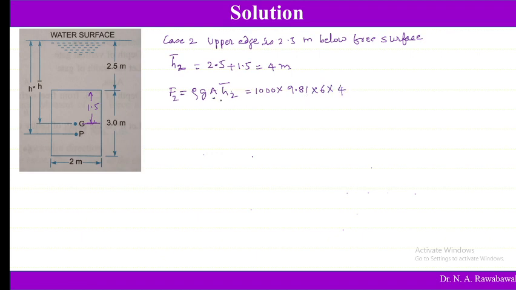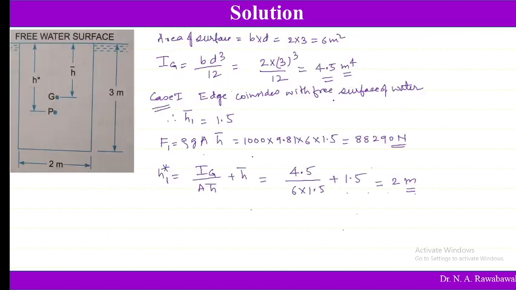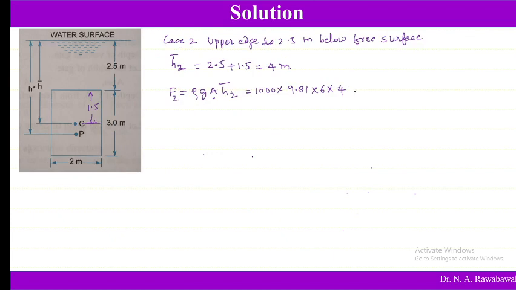The area and Ig we have already calculated in the first case, area was 6 and Ig is 4.5. On simplification we get force as 2,35,440 Newton.